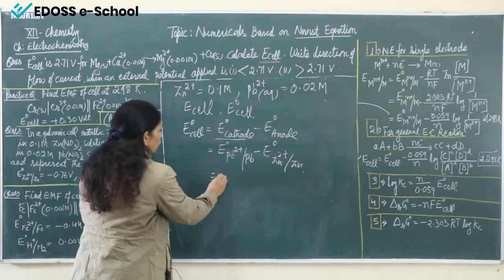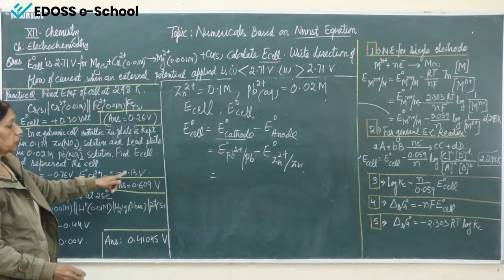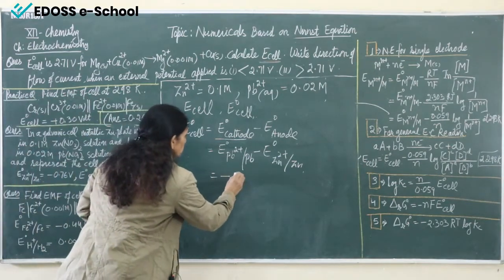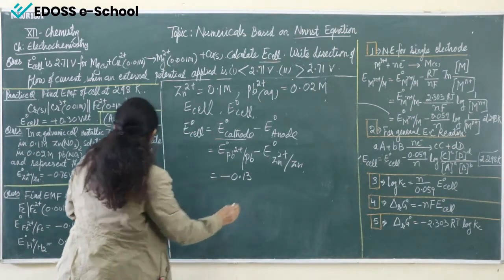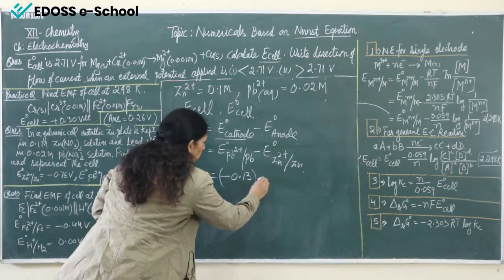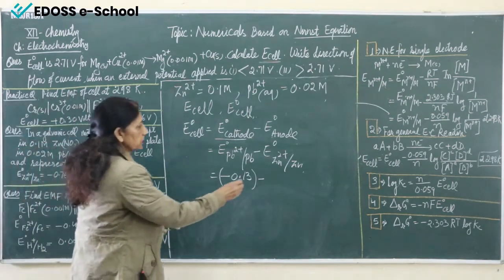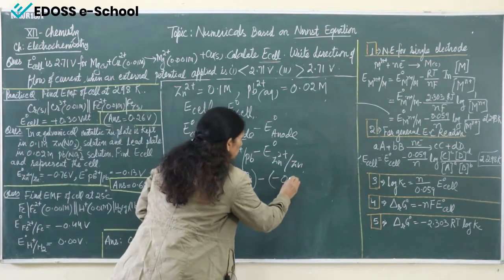Now you can put the values. Lead is minus 0.13, and always keep the values in brackets, and zinc is minus 0.76.